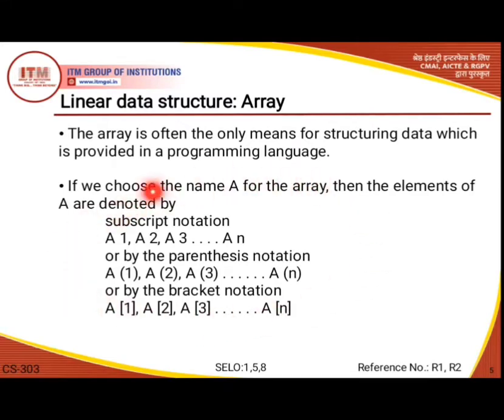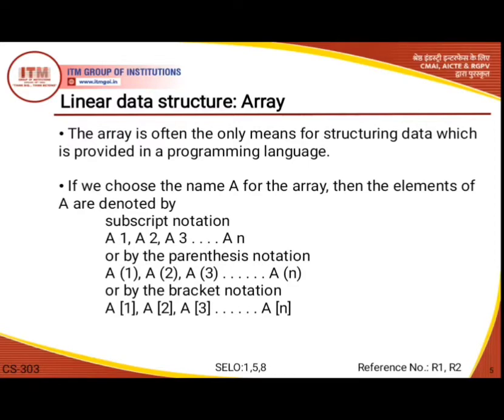So after discussing these notations, we define an array as a one dimensional array, or we can say that an array is a set of homogeneous data items which are stored in contiguous memory locations under a common name and with a sequence of indices starting from 0.